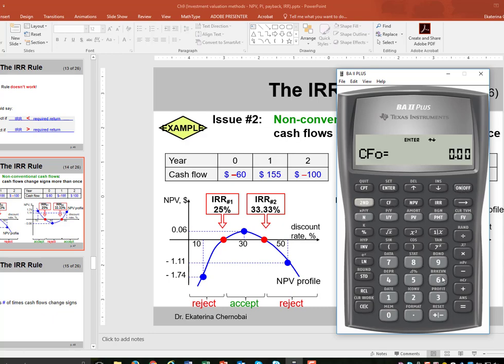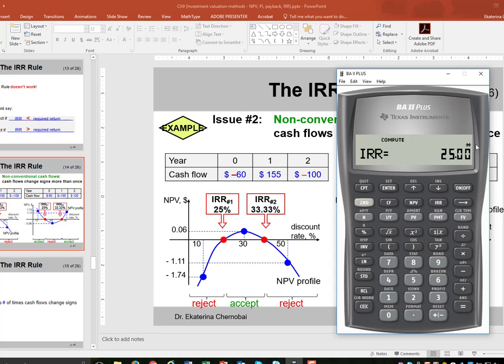Cash flow key, 60 negative enter, down. 155, enter, down, down. 100, negative, enter, down, down. IRR, compute. What does the display say? It says IRR equals 25%.